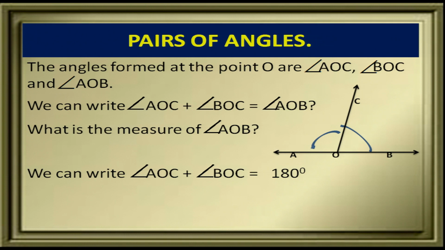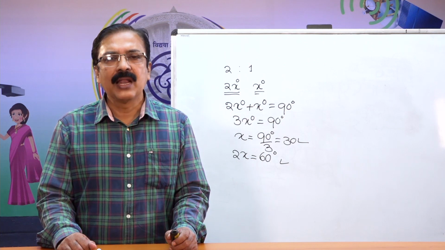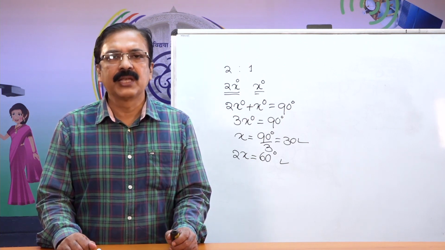From this we have an axiom. What does the axiom say? If a ray stands on a line, then the sum of the two adjacent angles so formed is 180 degrees. Why is it an axiom? Because we cannot prove it logically.